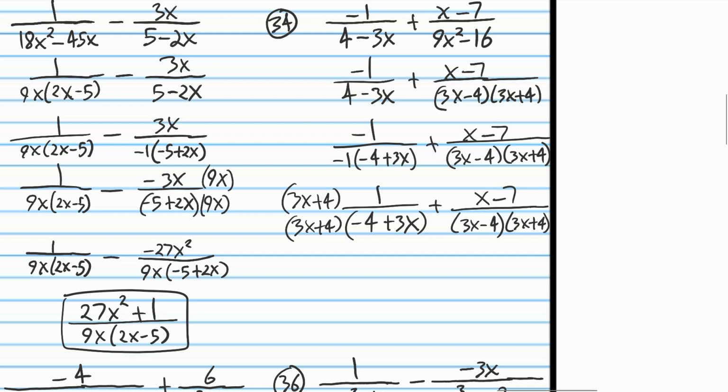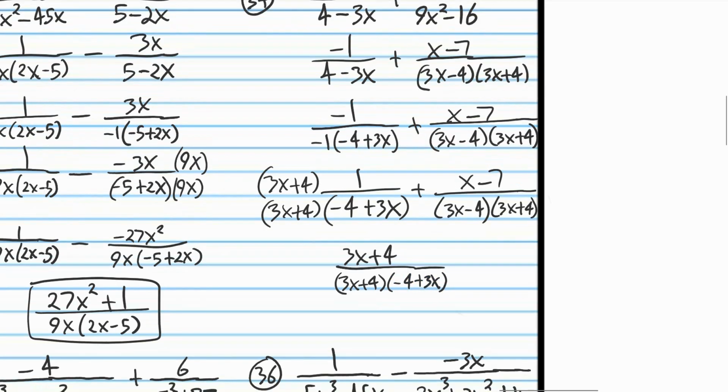All right. So we have our common denominator now. And again, I could switch this around so it's 3x minus 4, but I just want you to be aware of where that came from.